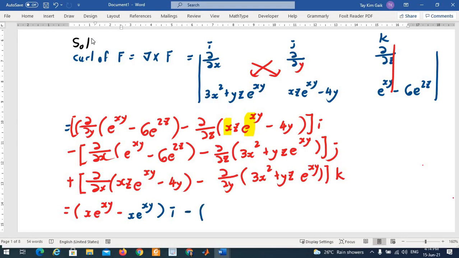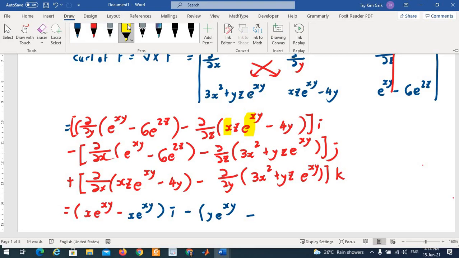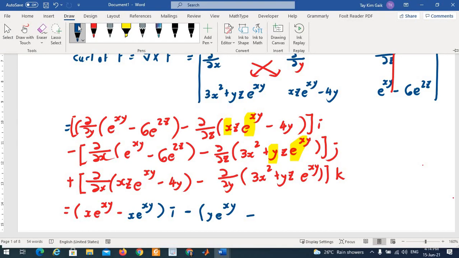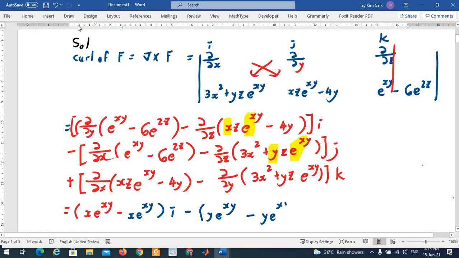Then component j: del x of e^(xy) gives y e^(xy). Del x of negative 6e^(2z) is 0, because z is constant. Then minus del z of 3x squared is 0. Del z of yz e^(xy): y is constant and e^(xy) is constant, so you get minus y e^(xy).